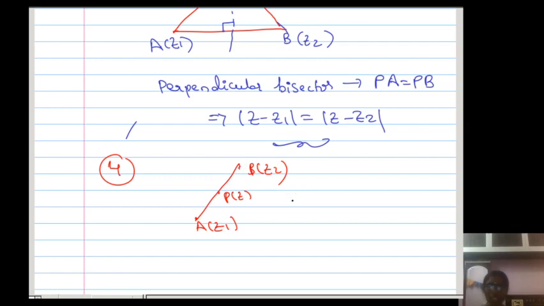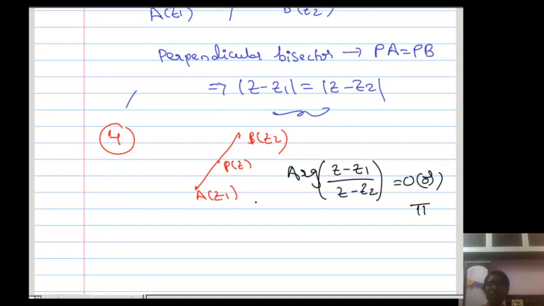So my final conclusion is that the argument of (z minus z1) by (z minus z2) is equal to 0 or pi. Whenever you find that the argument of (z minus z1) by (z minus z2) is 0 or pi, I can say that z1 and z2 lie on the same line, or it represents a straight line equation.